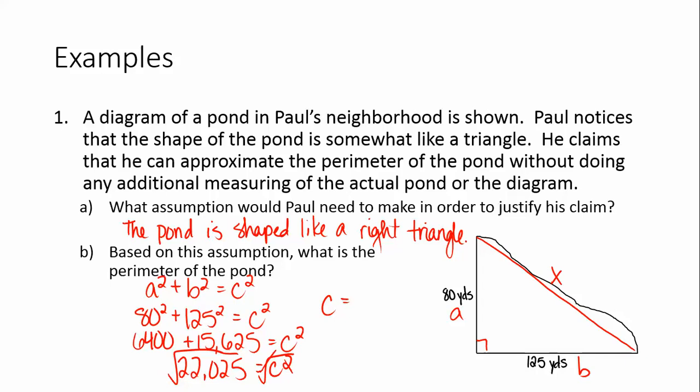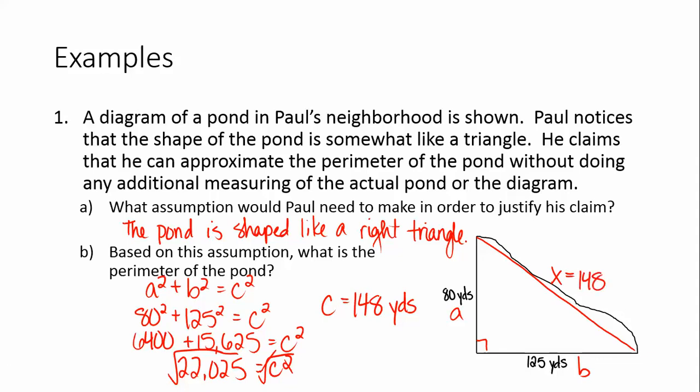Since we are really just making assumptions or an approximation, let's round that to 148. Let's keep it with a whole number. You could do 148.4. I would say either 148 or 148.4, but I'm going to keep it with whole numbers. It doesn't tell us what to round to, so we'll say 148 yards. But it did ask for the perimeter. Remember, the perimeter is the distance all the way around the triangle.